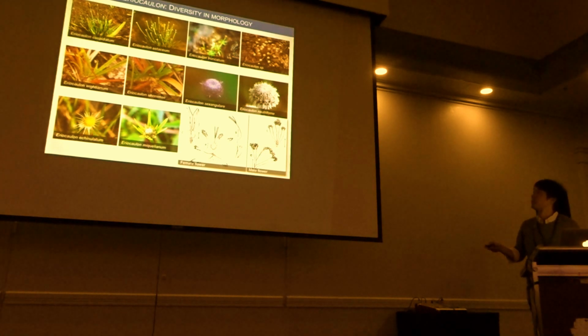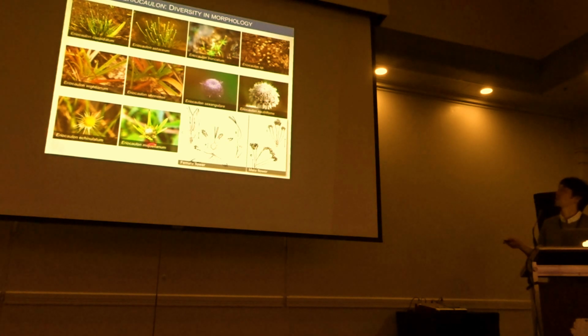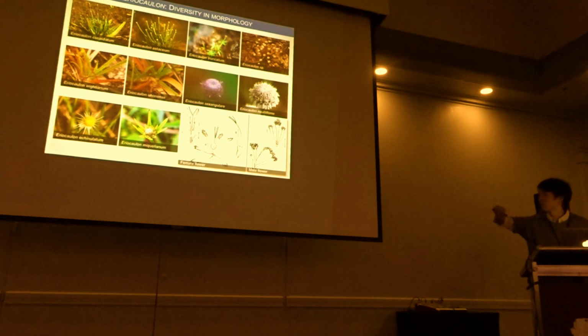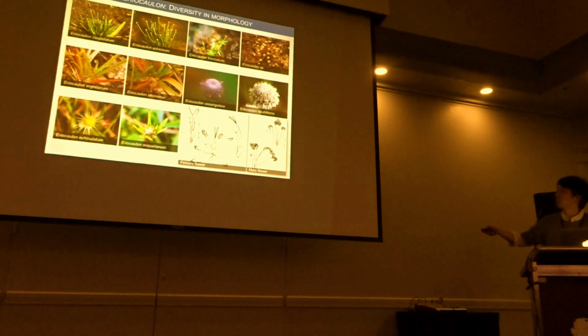In the field, you can sometimes encounter attractive, remarkable species like Eriocaulon echinatum or Eriocaulon. In the case of echinatum, what you can see here, the spiny one, is because all the flowers have a sepal which is narrowly elongated, so that the flower head itself is like this.